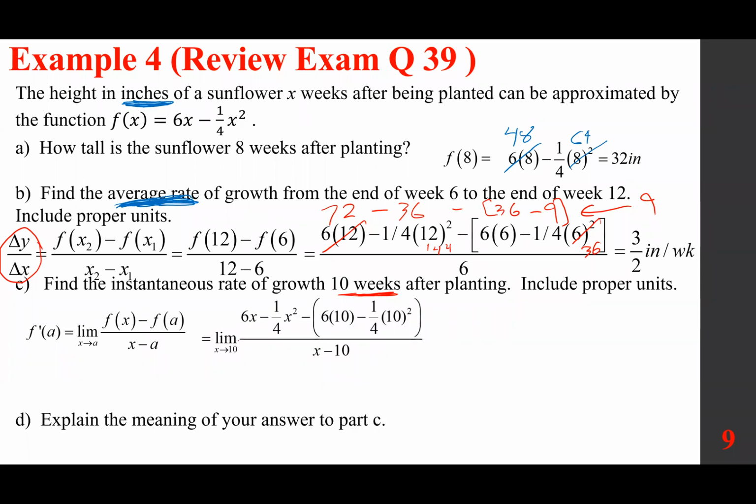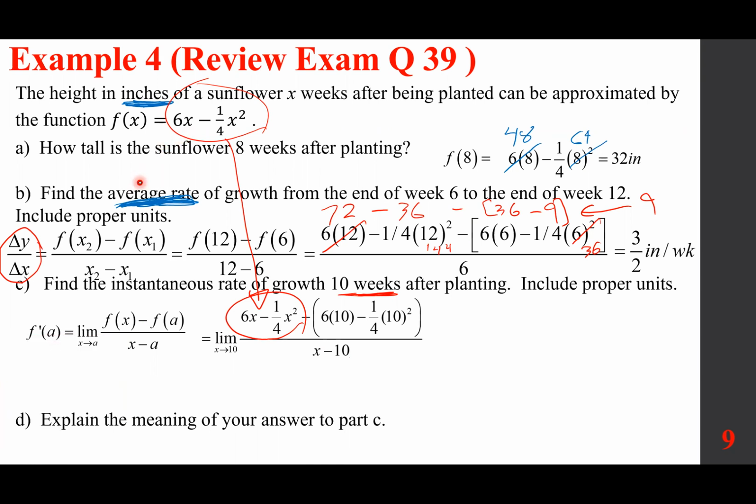Okay, so the limit as x approaches 10, x minus 10. This is f of x, everybody. Okay, and now plug in 10.